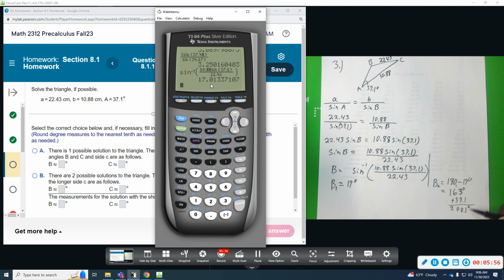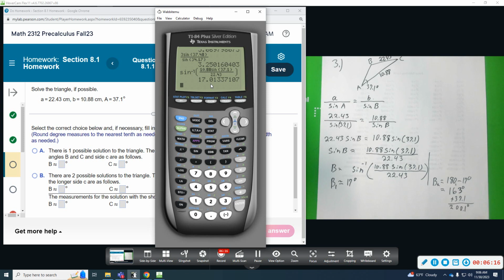So there's no way I can have two angles add up to more than 180 and get a triangle. So we've got to check for that. In this case, it's looking like we will not have the two solutions, so we'll just have the one.